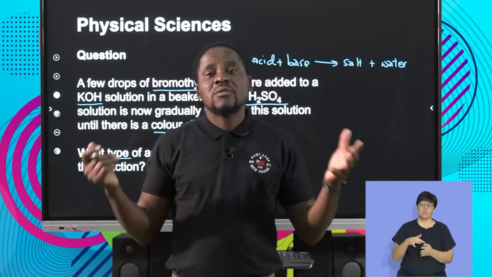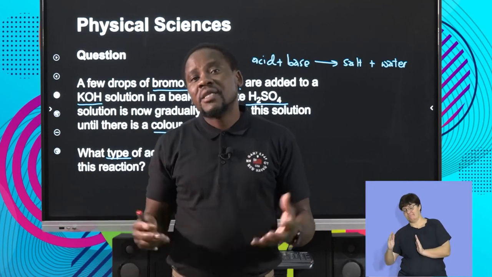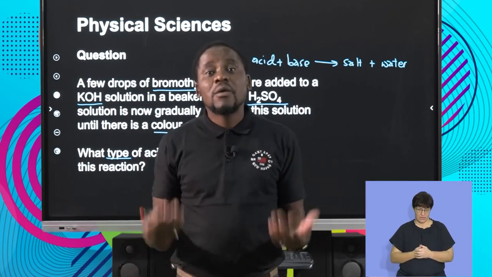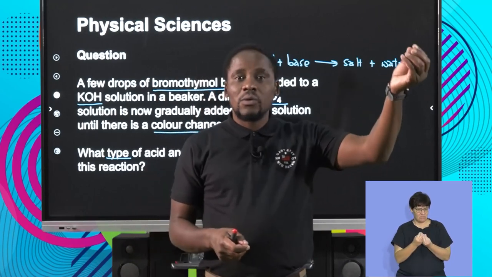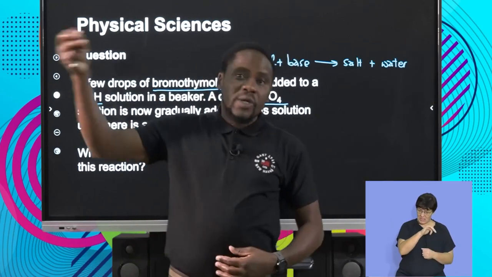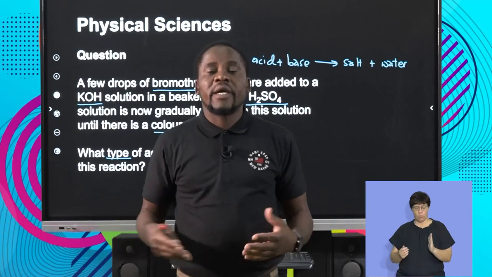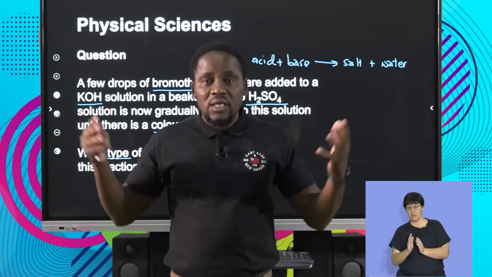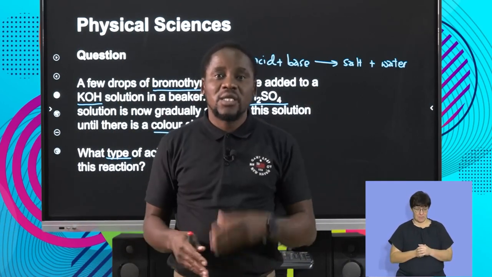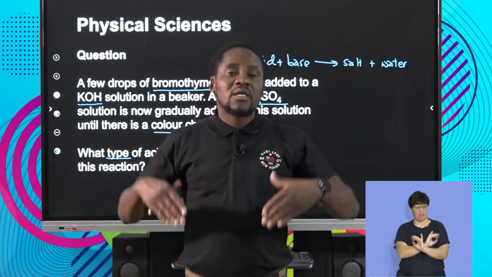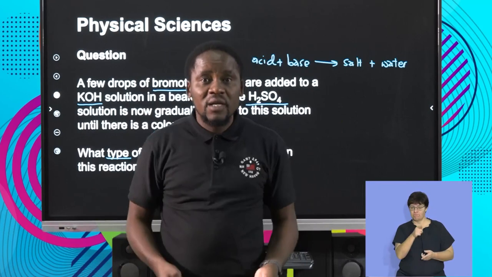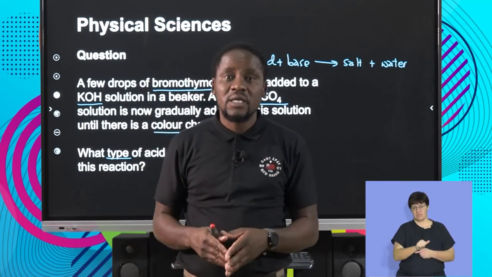So this question is demanding of us to identify a given substance as a strong acid or strong base, or weak acid and weak base. Generally the reaction concerned in this case is an acid-base type of reaction. So it's a pretty much straightforward question that has to do with you remembering the classification of acids and bases.